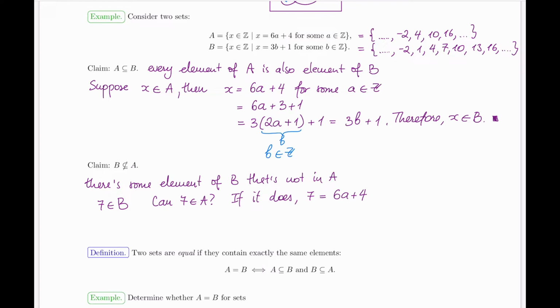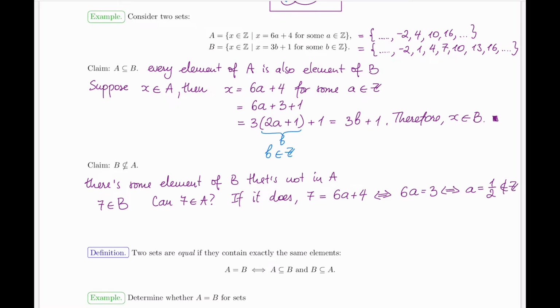Remember that the format assumes that this little a actually has to be an integer. So let's see what this equation implies for this a. If I just move things around, this is equivalent to 6a equals 3, which is equivalent to a being 1/2. Is 1/2 an integer? No, 1/2 is not an integer.